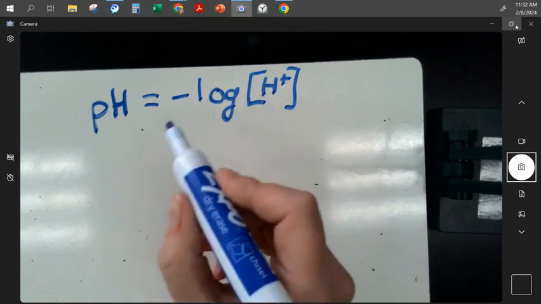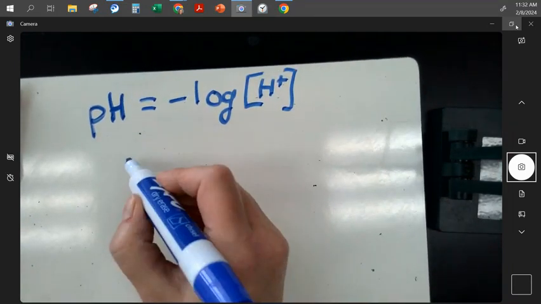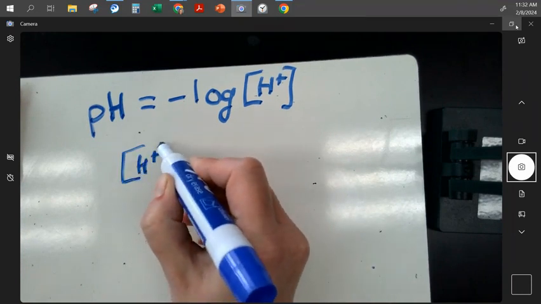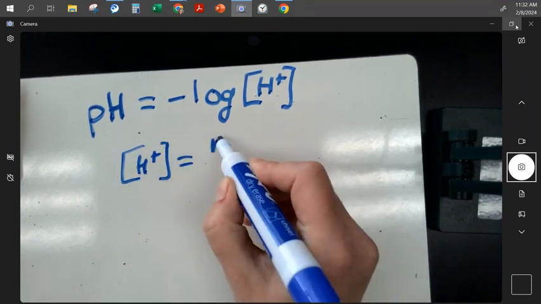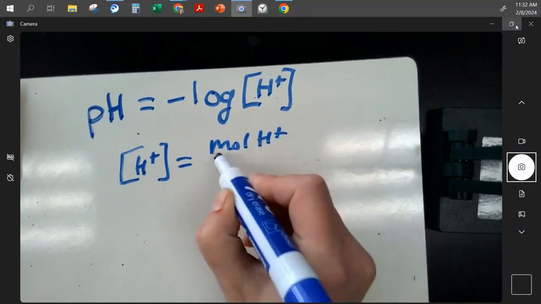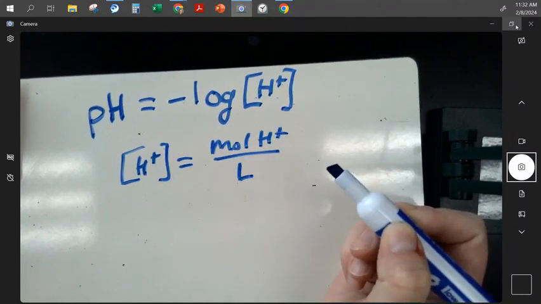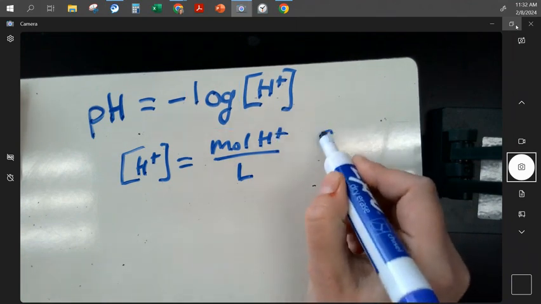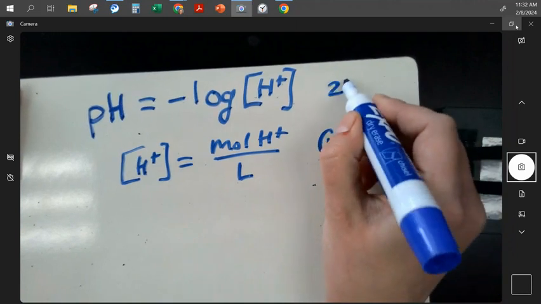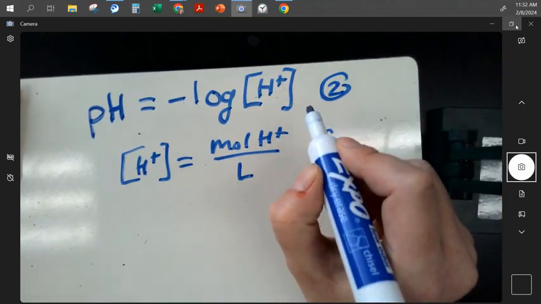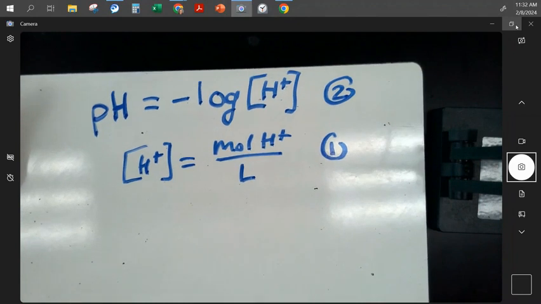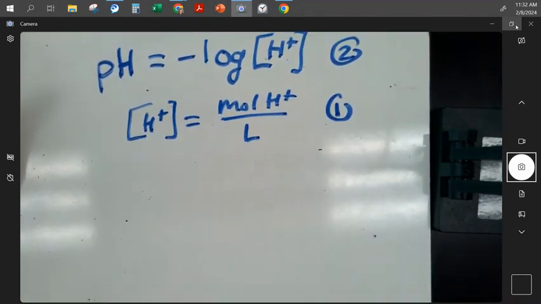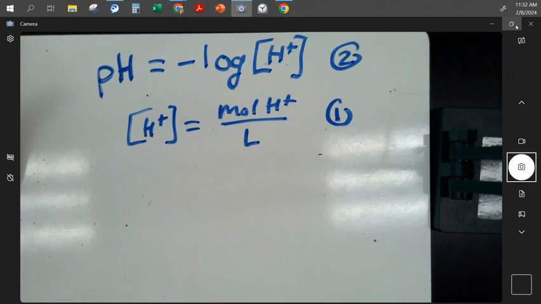We need to remember that concentration of hydrogen is moles of hydrogen over liters of solution. So the first thing we have to do is find this, and then the second thing is to plug it into our negative log formula. So not too tricky, I think. Just pay attention here, practice this one a little bit, and it's not too bad.